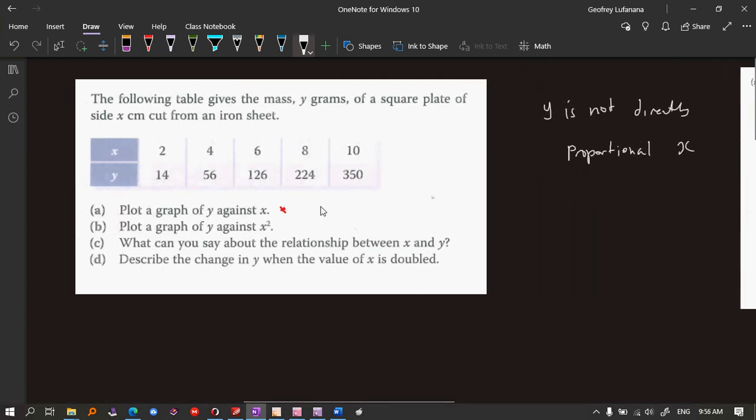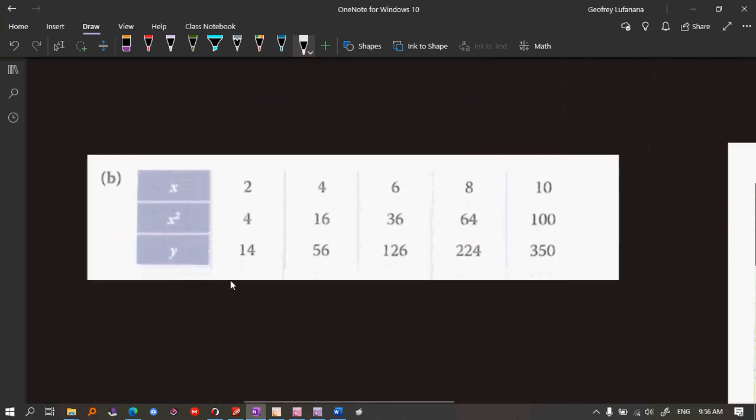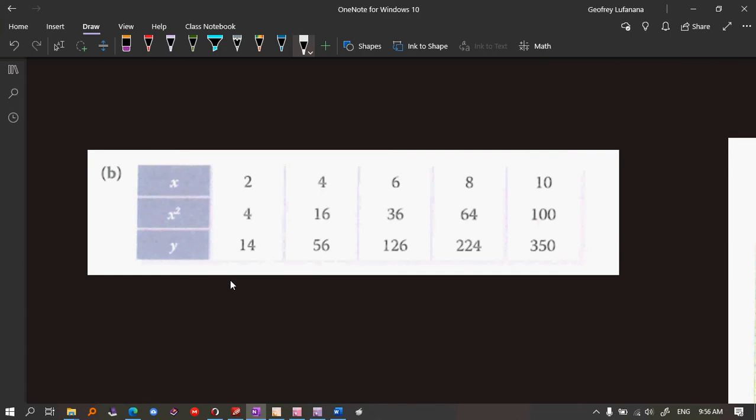Part B of the question was then to plot a graph of y against x squared. This would mean that you'd have to transform the table so that it looks like this. You have values of x, values of x squared, and y, and you're plotting a graph of y against x squared.